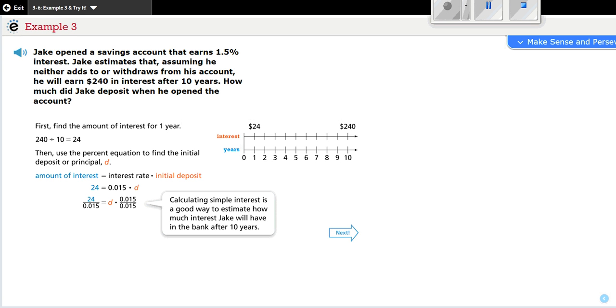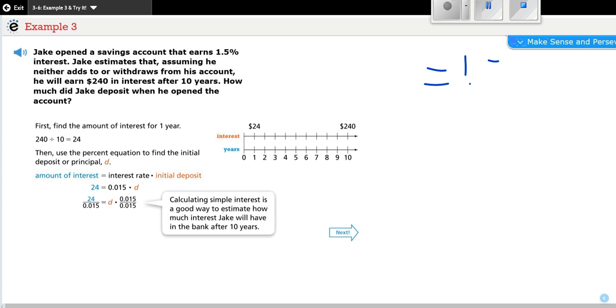All right, with that in mind, now we can put this into our equation and understand what's going on. As we start to write this out, we have our 1.5 interest rate, and we're multiplying by D for deposit, which we're looking for, and we just solved for our amount of interest, which was $24.